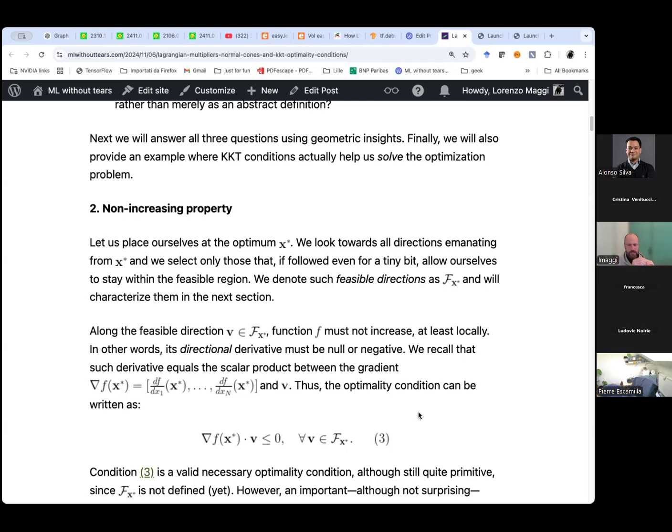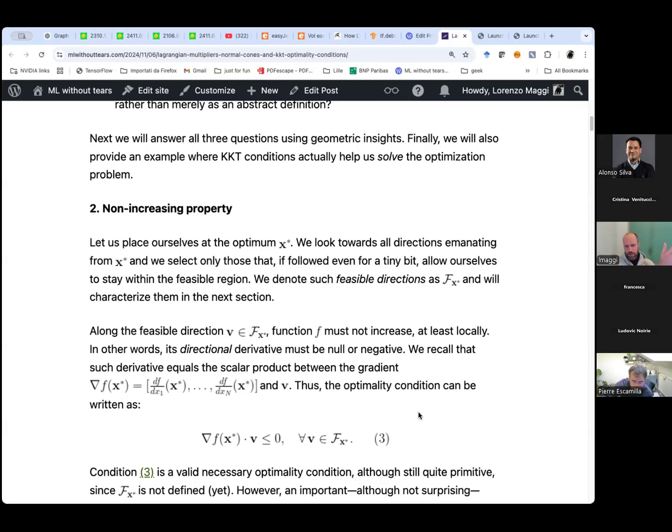What is a feasible direction? You start from x star, you walk away from x star along a direction, and the feasible direction is such that as you walk along it, you stay in the feasibility region at least a tiny bit.